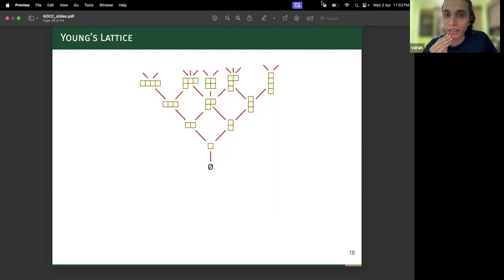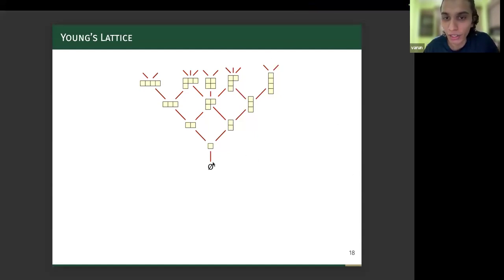So the Young's lattice is a graph which records how diagrams are contained within other diagrams. So the empty diagram is contained in the diagram 1. Now 1 is contained in these two. And then this is contained in these two, this is contained in these two, and so on.